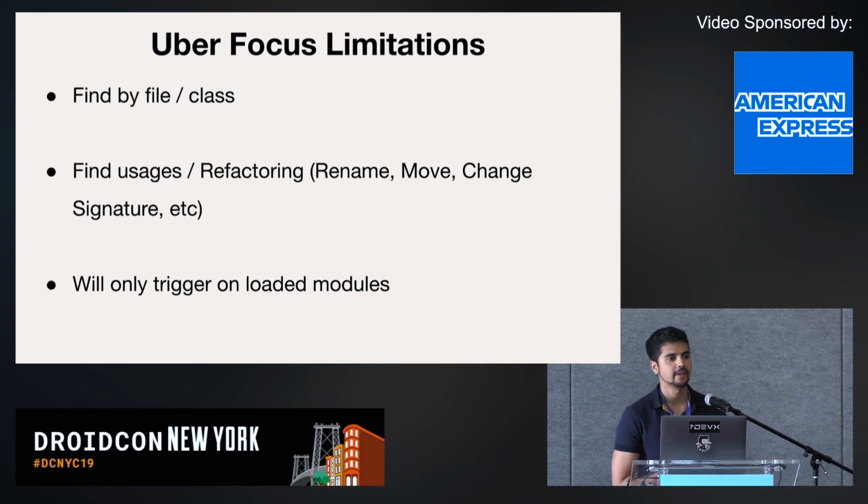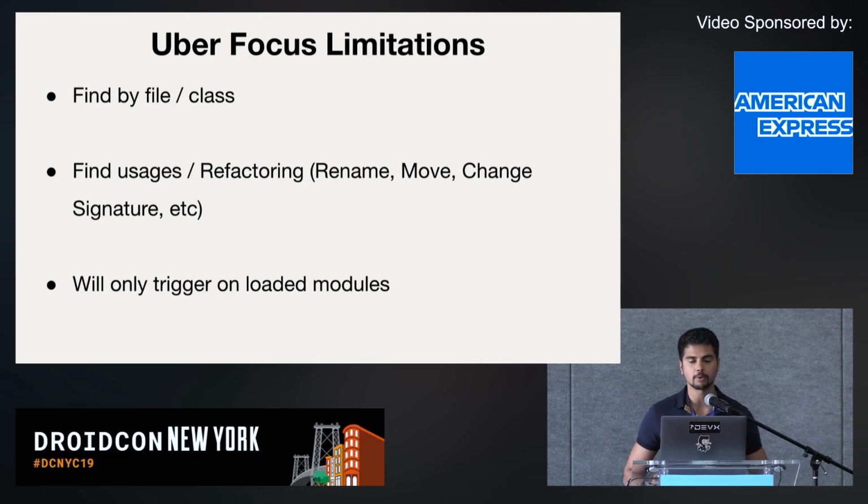In addition, anytime you try to do find usages or any sort of refactoring, like rename, move, or changing method signatures, this stops working as well because, again, IntelliJ doesn't have the entire graph in memory, so it doesn't know who's using what specific classes or methods or modules. And so all of these problems seem grave.